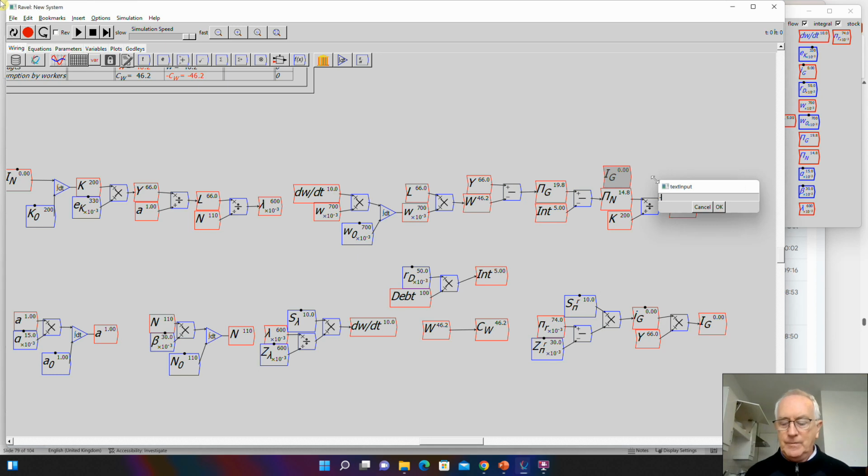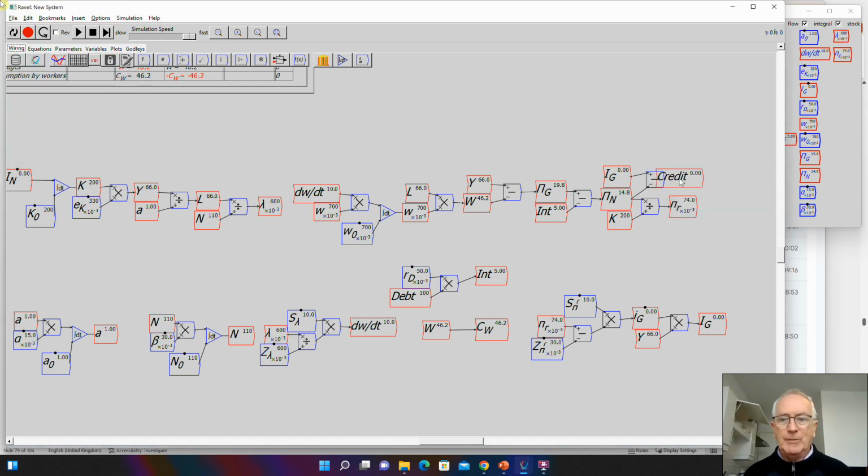So now minus gross investment, and what you have now is the rate of change of debt, but we have debt in the equation up here. So what I want to have now is credit. So I'm going to type credit as a variable, and that can be positive or negative.